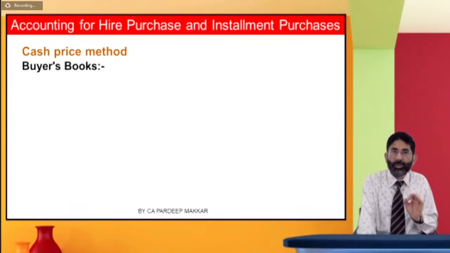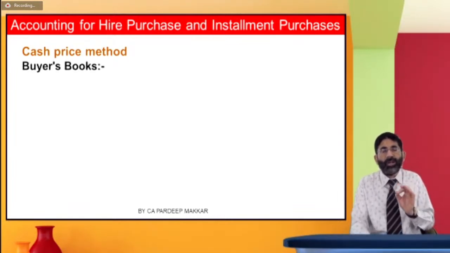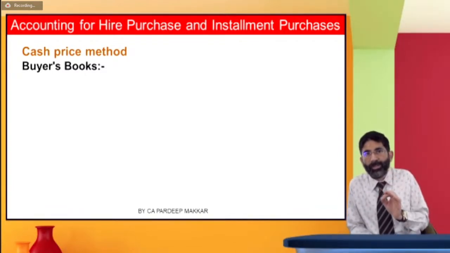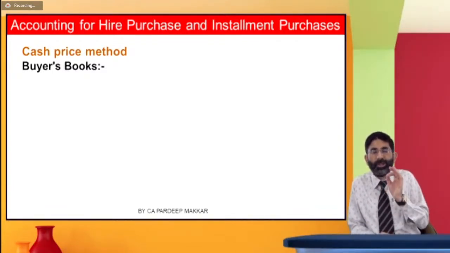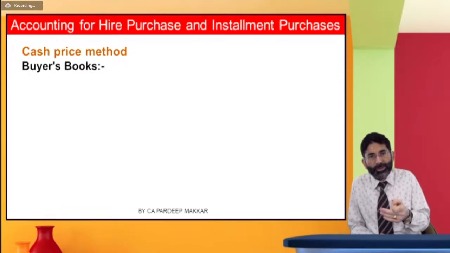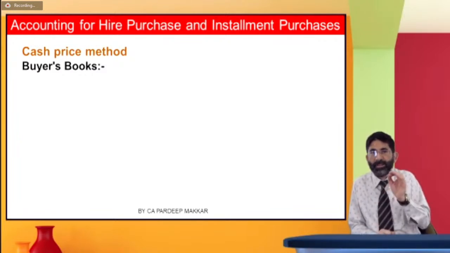In buyer's books, we have to understand this. You will have to write it down in your copies. You should have a copy with you. You should have a pen with you. We have to write the journal entries. If you write the journal entries, you will be able to apply it in your questions. If you will not note it down, then obviously you will not be able to do it in your exams. So let's note it down in your copies.